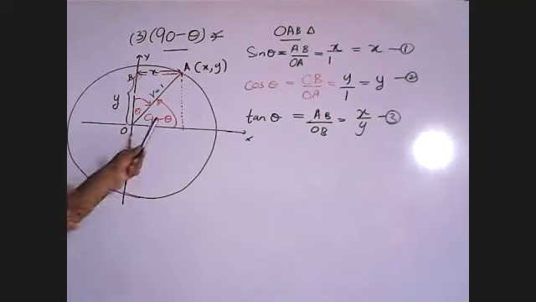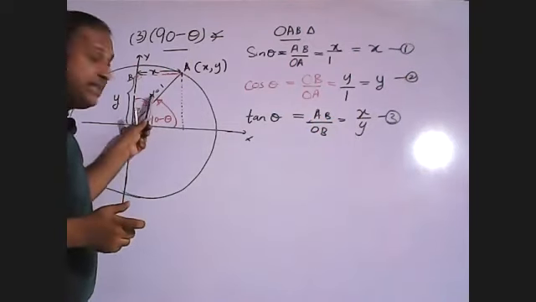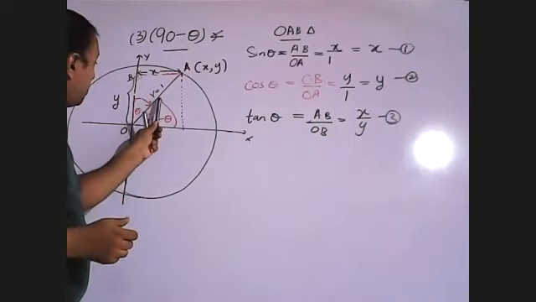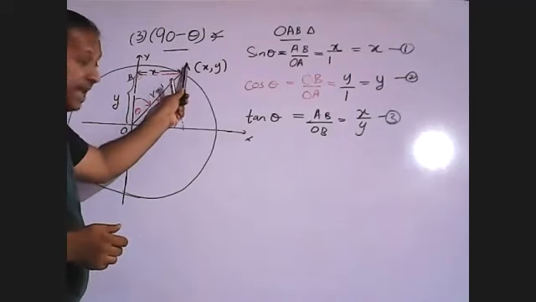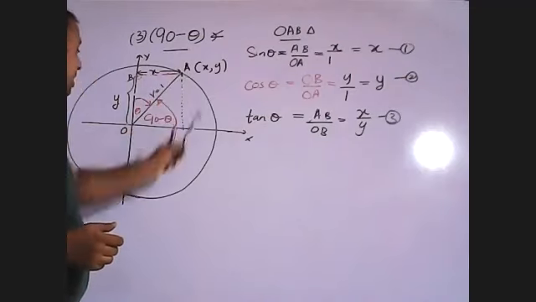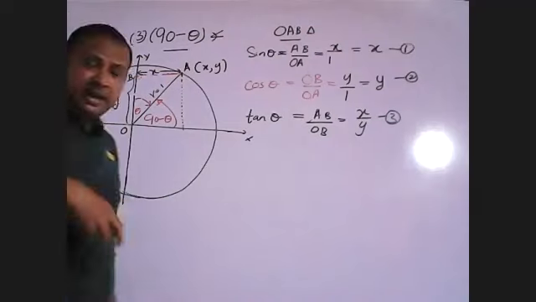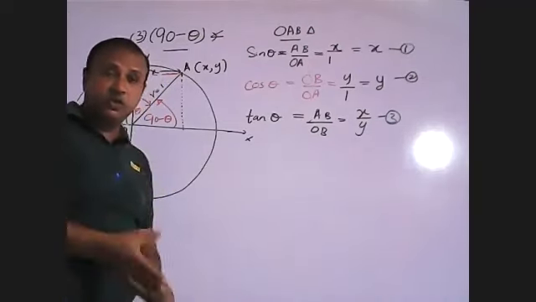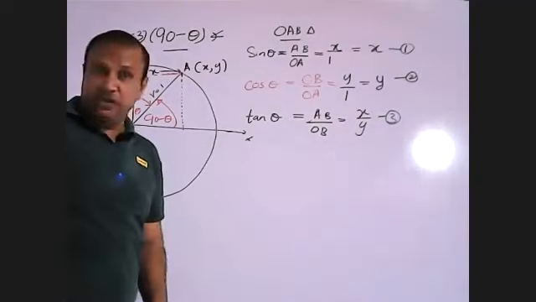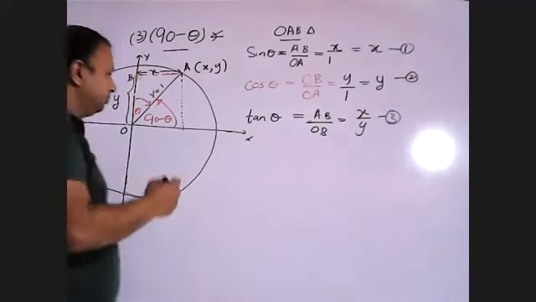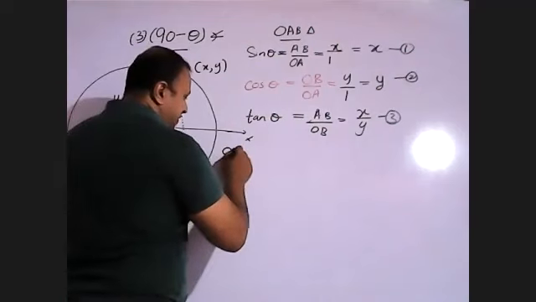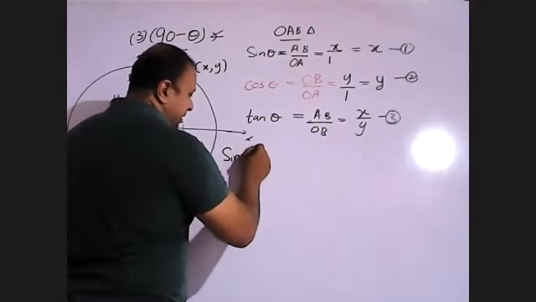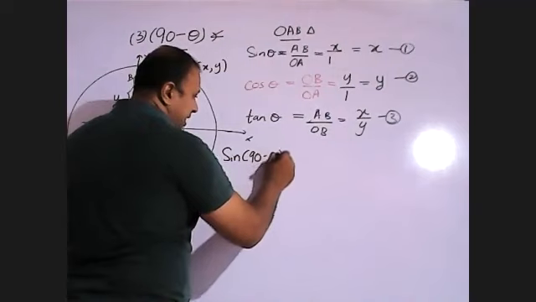As this is the angle, the corresponding point for this angle is A. Therefore, I can write trigonometric ratios using my circular definition. The first value is sine 90 minus theta.